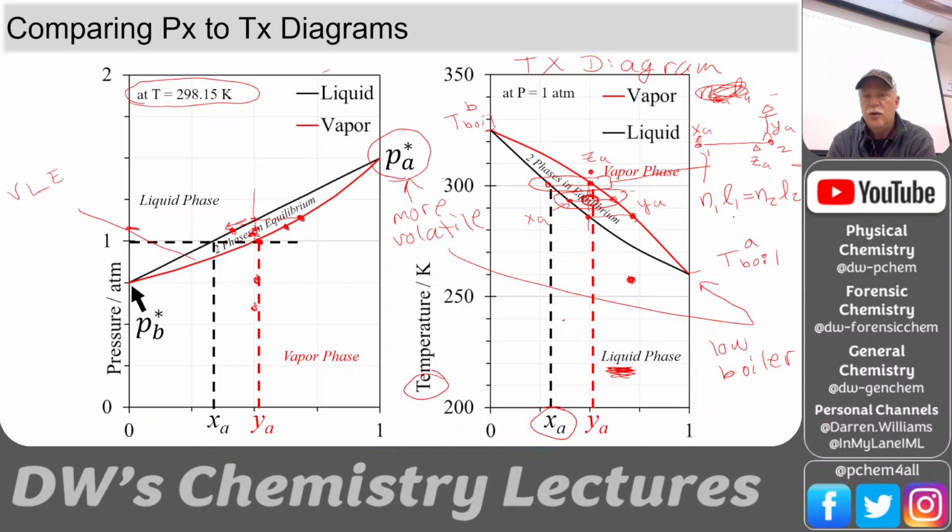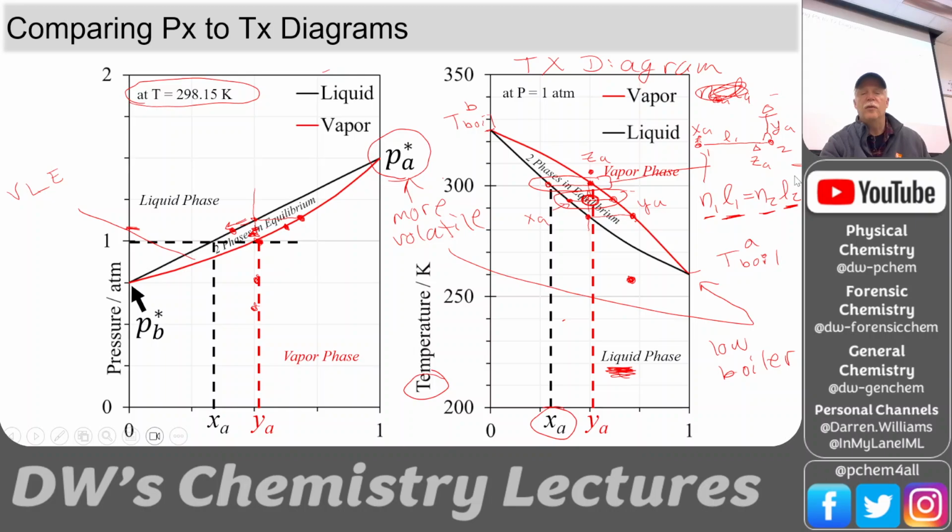So for those to be equal, if I've got a really long line for L1, then I've got to have a small number of moles. And if I've got a really short line 2, then I've got to have a really big N2. So that's the lever rule.